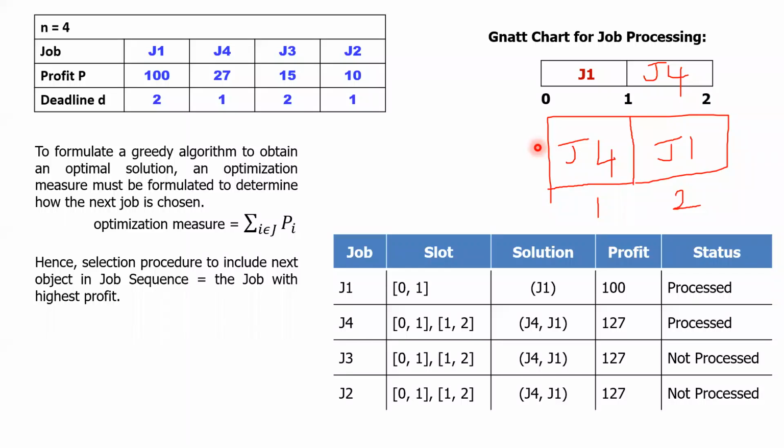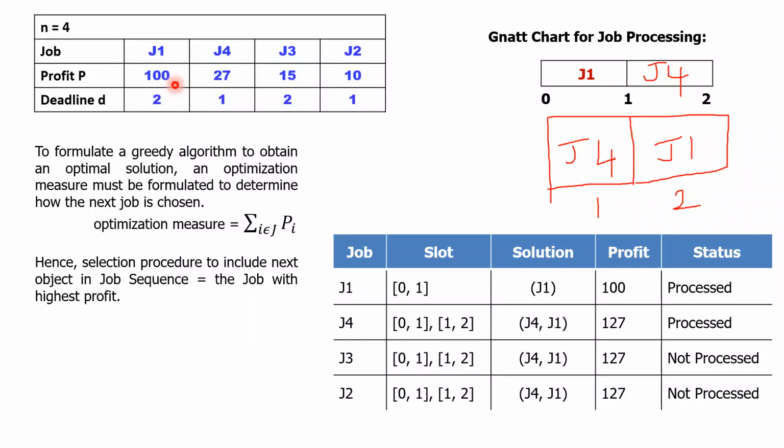And if this feasible solution is giving me the maximum profit, then it will become an optimal solution. So what is the total profit earned for this schedule J4, J1? It is profit of J4 plus profit of J1, 27 plus 100, which is 127.